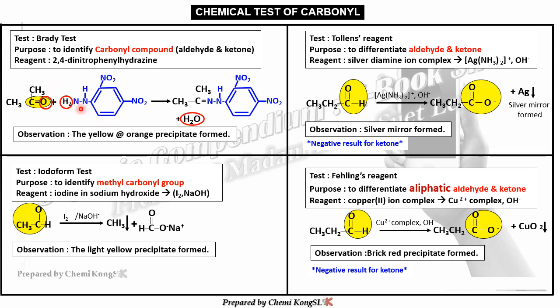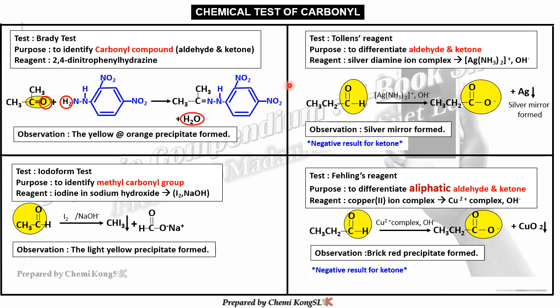As we discussed before, this is one of the condensation reactions. The H2 from the 2,4-dinitrophenylhydrazine will join with the O from the carbonyl compound and form H2O. And then the C double bond will attach with the N, forming the C double bond N over here. This compound will give the observation of a yellow or orange precipitate.